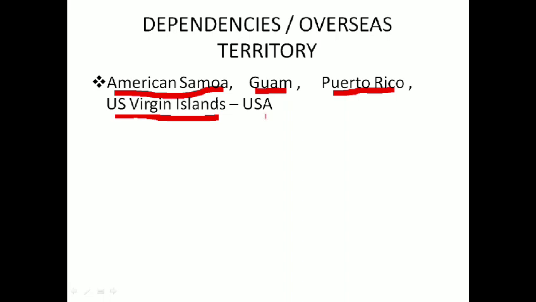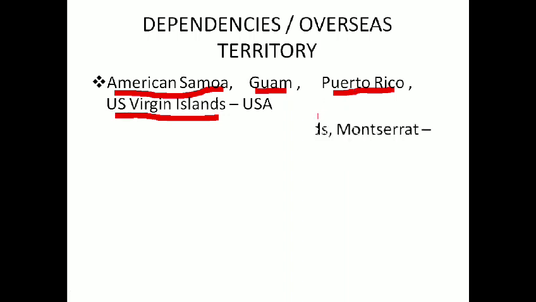Whatever rights are enjoyed by American citizens are all applicable to Puerto Rico, except the right to vote, which is not given to the citizens of Puerto Rico. That is the difference. Understood? Now you can understand whether Puerto Rico is a part of North America or not. This is the reason why Puerto Rico is not considered a part of North America.